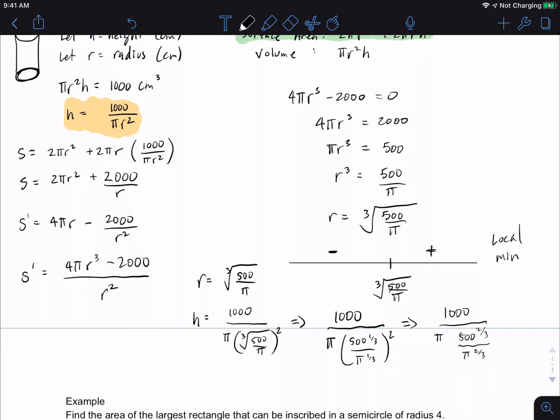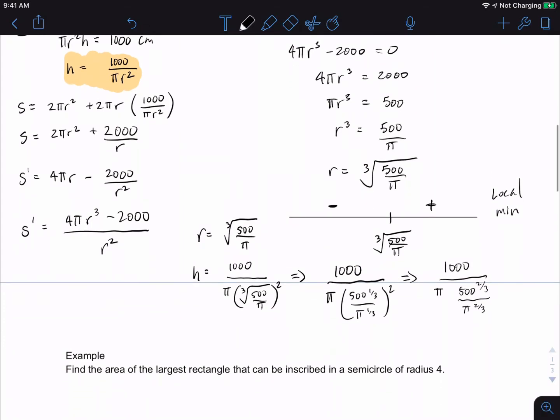And then pi to the 2/3 and pi to the 1/3, doesn't that become pi to the 1/3? So I'm going to get 1,000 over pi to the 1/3 power times 500 to the 2/3 power.